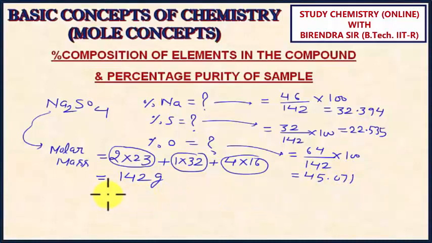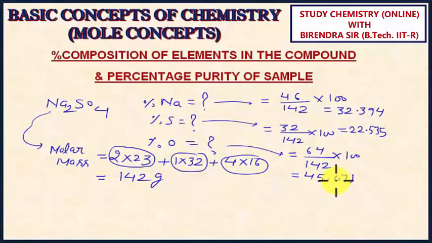So conclusion is what? Percentage of sodium, sulfur and oxygen in Na2SO4 should always be 32.394, 22.535 and 45.071 respectively.